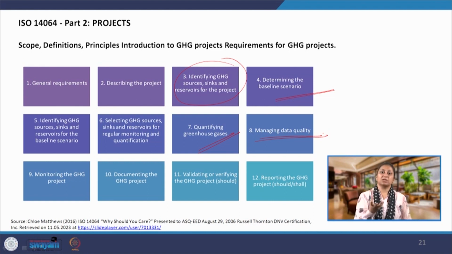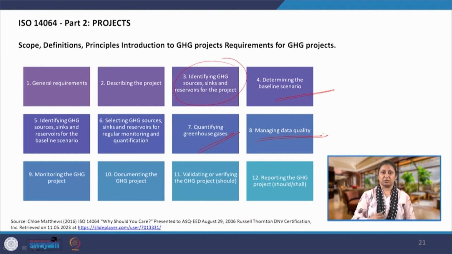If it is just a total number, I may not know where the energy is getting consumed. It is not only direct emissions, but indirect emissions too, I have to know these specific points. So, this is what we are talking about, managing the data and its quality.